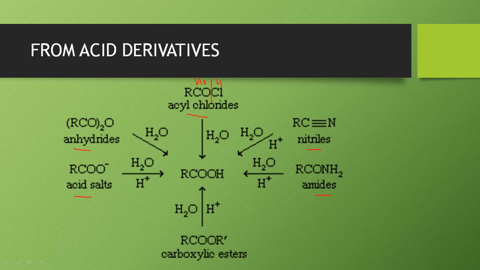Then ester, the molecule on hydrolysis breaks like this. On one side you get hydrogen, on the other side you get OH, and so carboxylic acid is being formed.